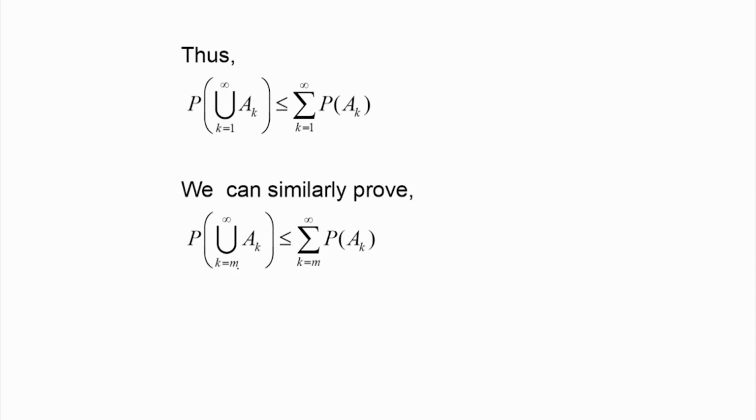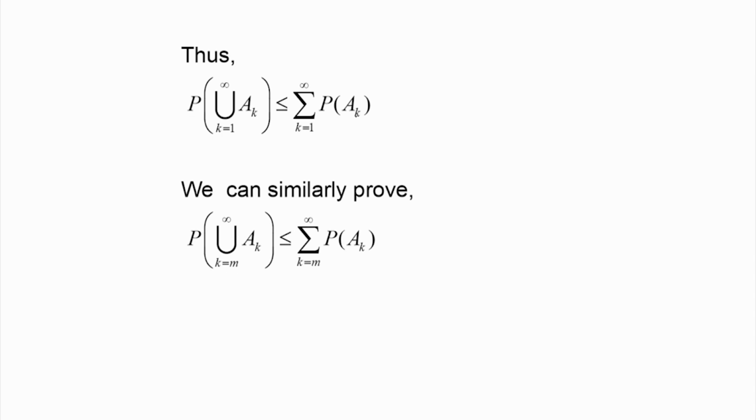m, k equal to m, and then for the union of this sequence also, the probability of the union of A_k, k going from m to infinity, will be less than or equal to the infinite sum of the probability sequence, the probability of A_k, k going from m to infinity. So we established one important result, and the corollary of this result is this.